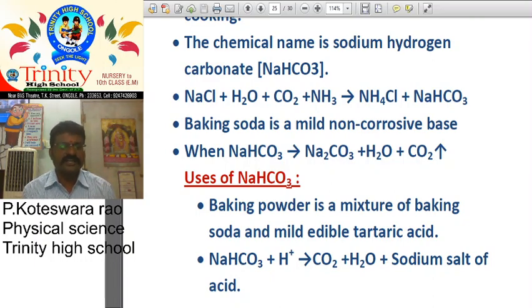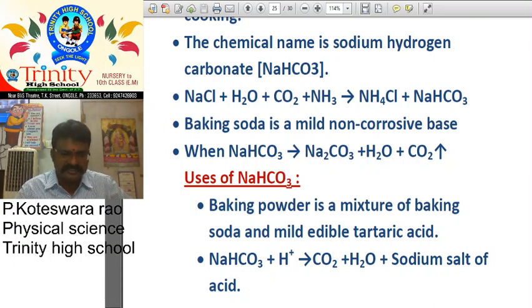Do you know about tartaric acid? Tartaric acid is also edible. We take that into different types of substances like cakes and also breads, etc. So what about the general form? This is the general formula: NaHCO3 plus H plus.